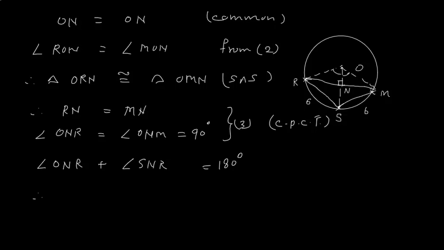Therefore 90 degree plus angle SNR is equal to 180 degree. Therefore angle SNR is 90 degree. Okay, so I have these two triangles as right angle triangles.